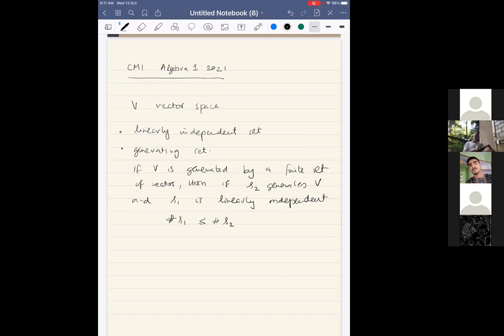So this is the basic theorem for which I have indicated a proof using a result from matrices. You are supposed to know how to prove this theorem.